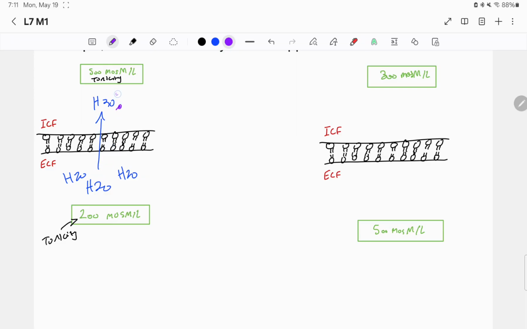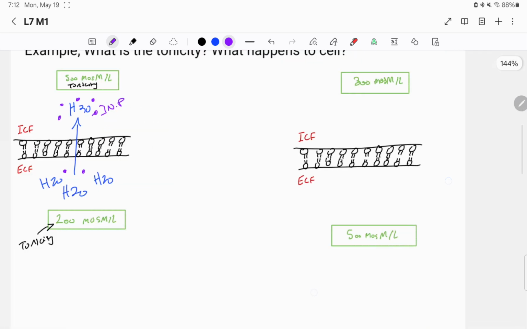So over here, let's say I have 1, 2, 3, 4, 5 non-penetrating solutes, but over here I only have 1 and 2, okay? So which one is more? Well, 5 non-penetrating solutes, so water will move here. You can see there's two things moving water. There is the concentration gradient of water, and then there is the osmotic pressure that pulls water. All right, and the osmotic pressure is created by these non-penetrating solutes.